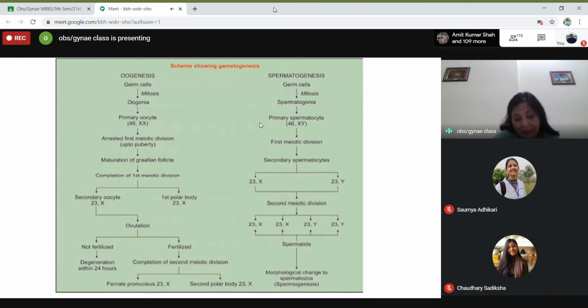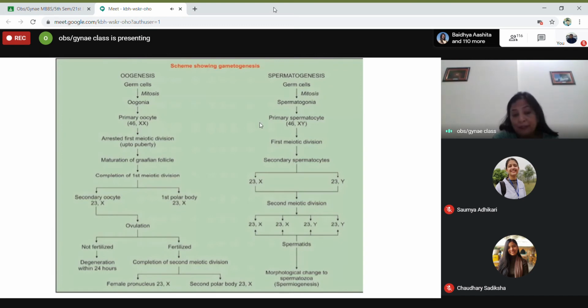If they are fertilized, there will be completion of the second meiotic division, and the female pronucleus contains 23 chromosomes, with the formation of another polar body. This is oogenesis, the gametogenesis of the female.